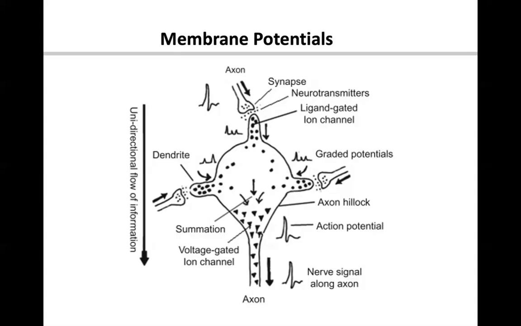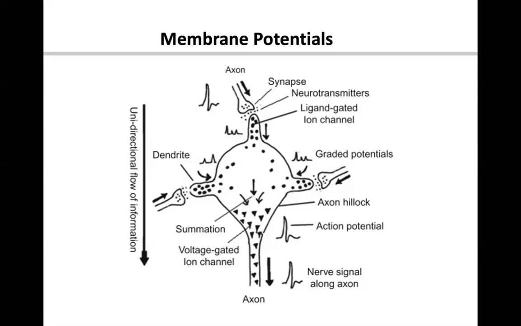Stimulation of a neuron causes a local disturbance in the membrane potential, and the membrane can become slightly excited, but the movement of these ions does not extend over a long distance.